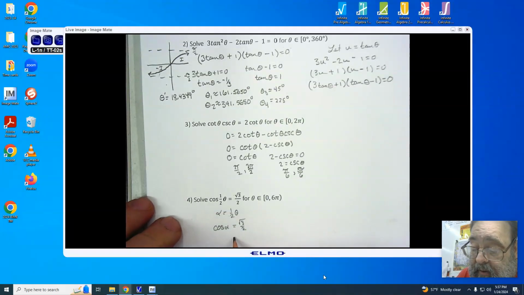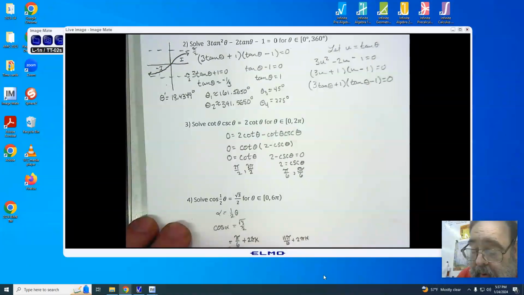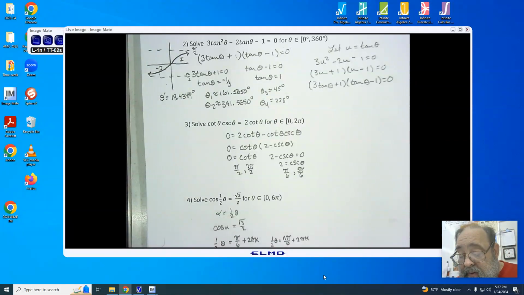So my first answer is going to be pi over 6, and I'm making sure that I add plus 2 pi k. I'm then going to find the second one. The second one is in the fourth quadrant, and that is 11 pi over 6 plus 2 pi k. I'm now going to put in 1/2 of theta, and in both cases they equal each of these pieces.